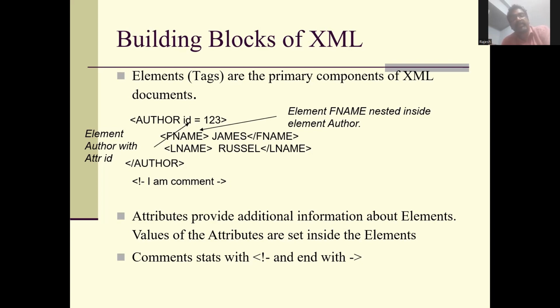In the same way, here the fname element has the text node, meaning it contains the information James. Just like that, lname has the text node Russell, right? These two are the child elements of the author. The author is the parent element for these two elements. So fname and lname have a sibling relationship.